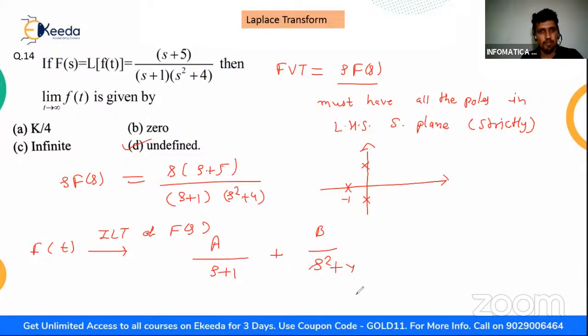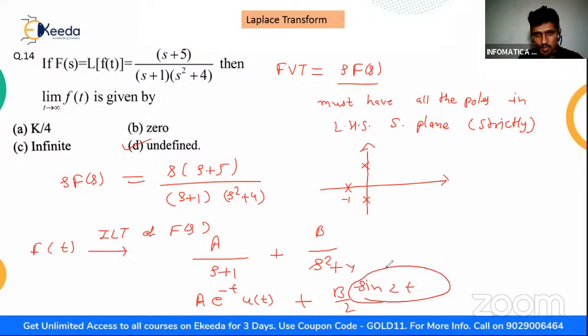When we do the inverse Laplace transform, we will get e to the power minus t u(t), and we will get B sine of 2t. Sine of 2t or whatever, this 2 is here also, no? s upon s square plus a square, and a is also there. So B by 2 or like that, a constant. So this is basically undetermined.